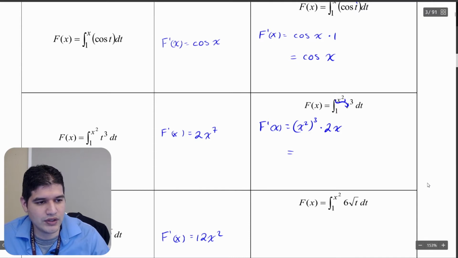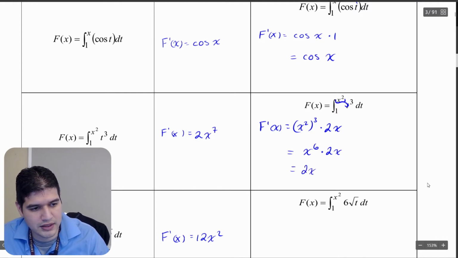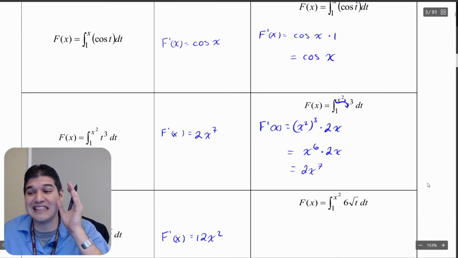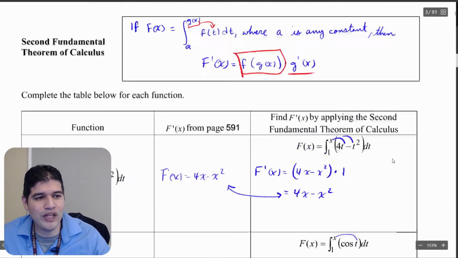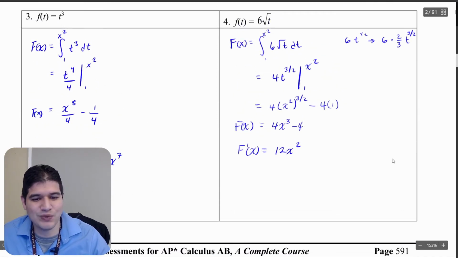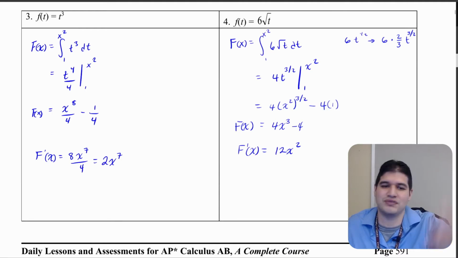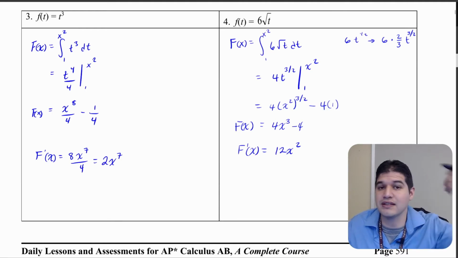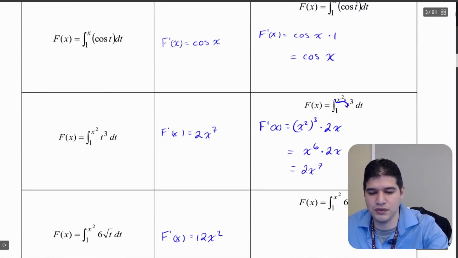And x squared to the third is x to the sixth, times 2x gets me 2x to the seventh, which is exactly what we had before. But notice that we don't have as many steps as we had to do over there. That was a lot of process to get x to the 8th over 4 minus 1/4 and then simplify. The second fundamental theorem of calculus gets us straight to the answer.